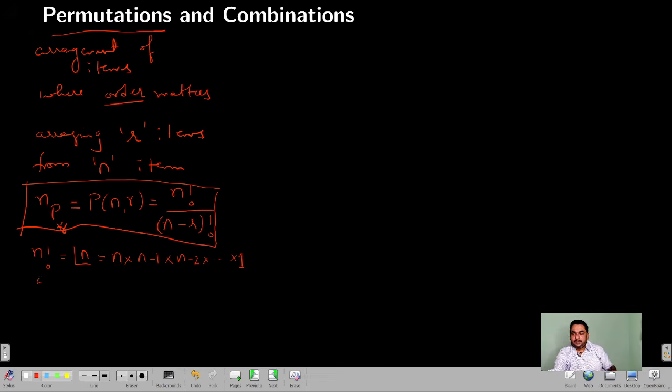For example, factorial of 5 is equal to 5 into 4 into 3 into 2 into 1. So we stop at 1. This will give you 120. So this is for permutations.